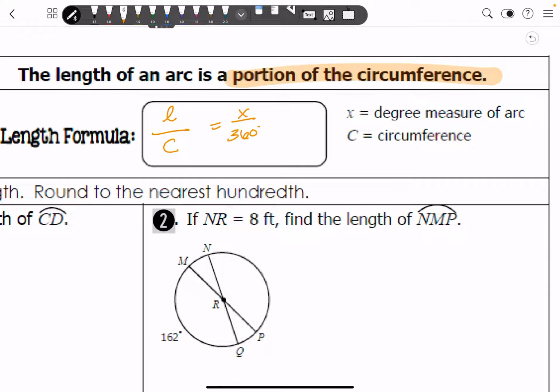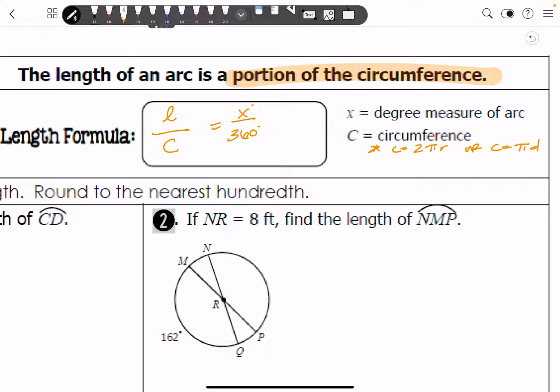Then you set it up as a proportion, and you solve for x if you need to, or vice versa. I want to remind you that the circumference of a circle is 2 pi r, or it can be pi d because your diameter is made from 2 times the radius.